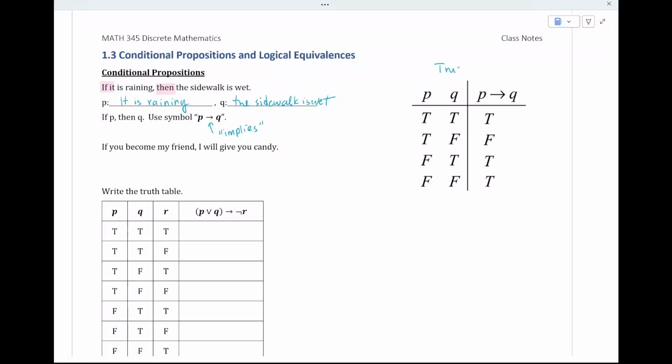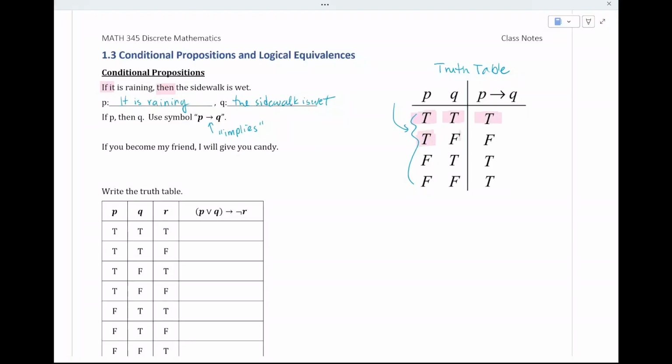Over here on the right, we have our truth table. Here we have all the possible combinations of P and Q: true, true, true, false, false, true, and false, false. And we have our truth values for this conditional proposition, P implies Q. If P is true and Q is also true, then we have a true statement.